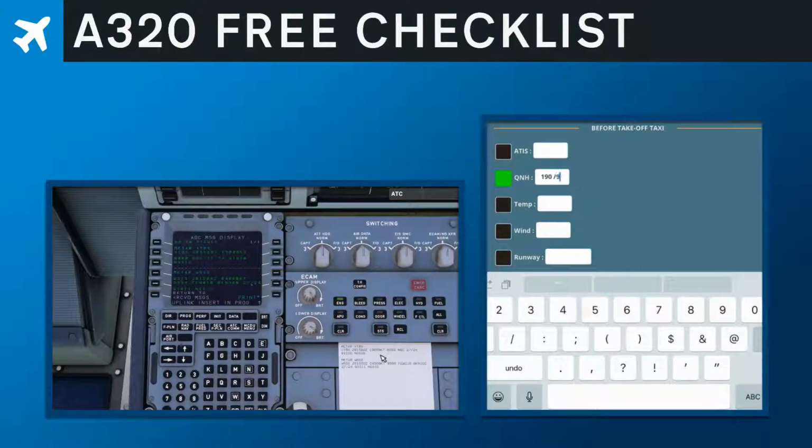Also QNH, that should be in there. The QNH is 1010. The temperature is 27 degrees. That's warm, just when you use the temperatures in the UK.